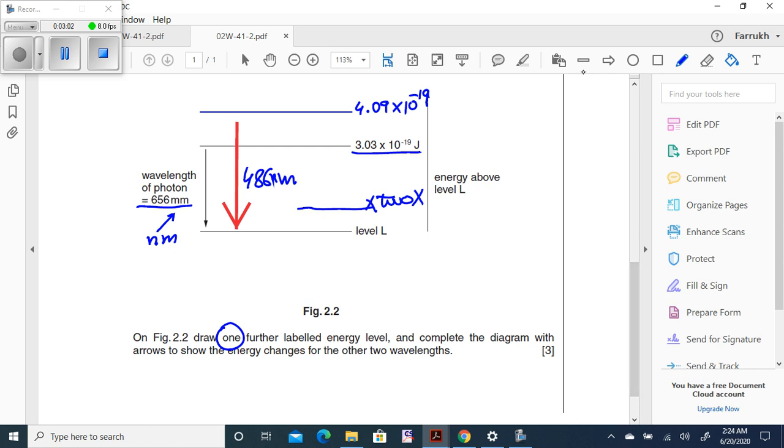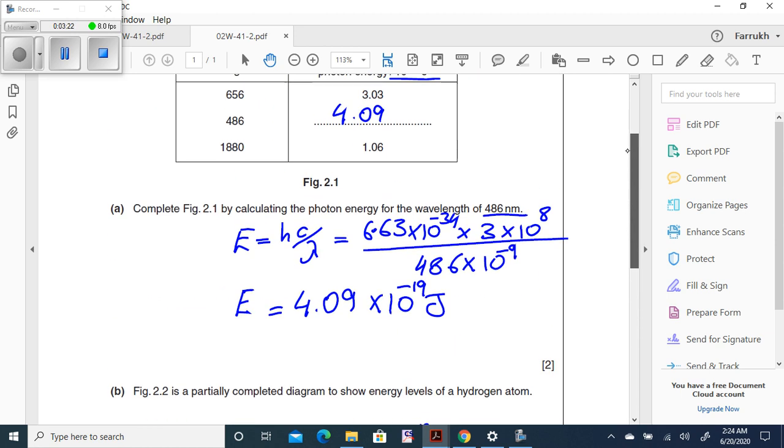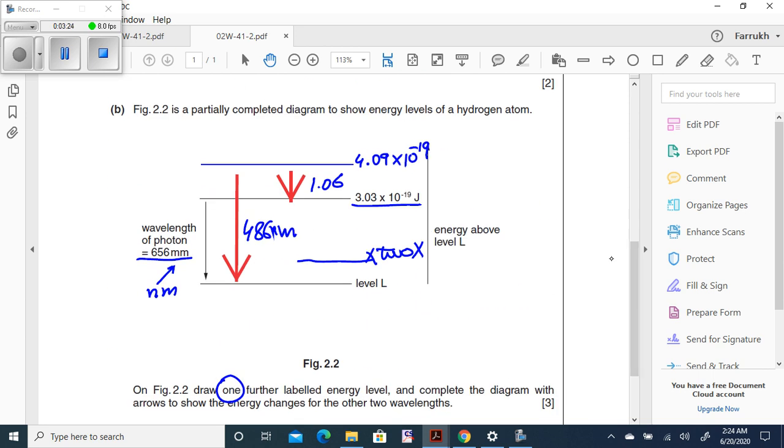If we look closely, the energy gap between 4.09 and this 3.03 is 1.06. So this second arrow represents a wavelength of 1880 nanometer, which is given in the statement.